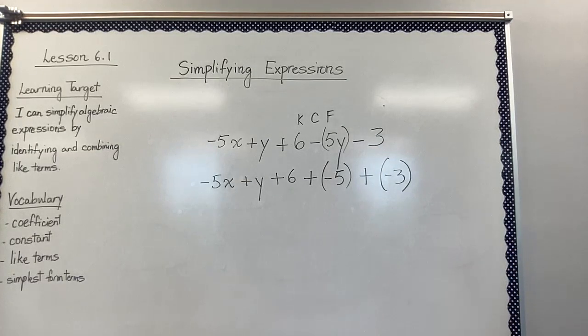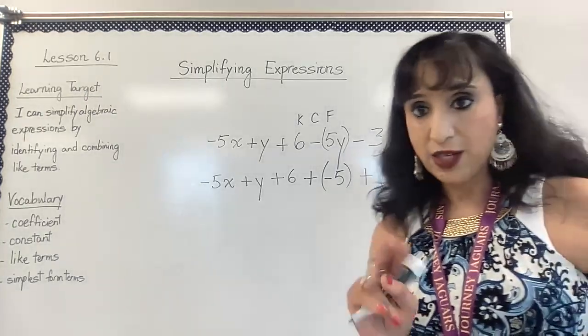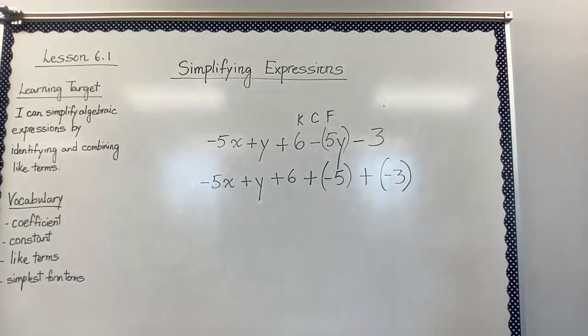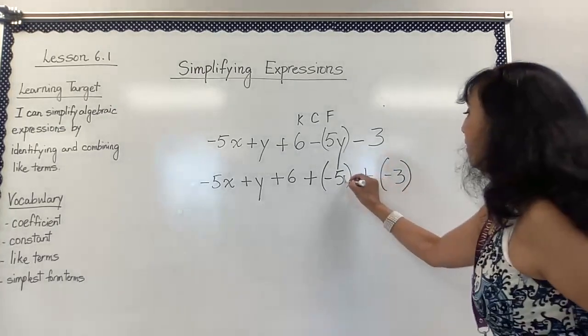And then we are going to use the commutative property of addition. Okay, and that means we are going to change the order, switch it around, so that we can put like terms together. And if I'm looking over here, I can see that if I have negative 5x, this is negative 5y.